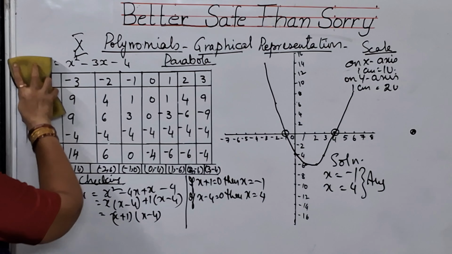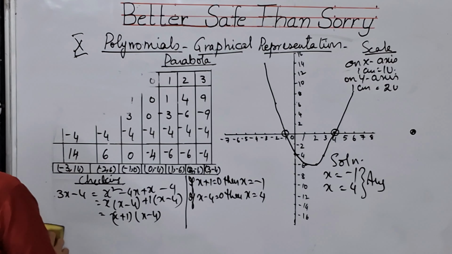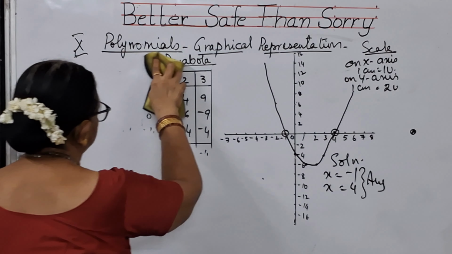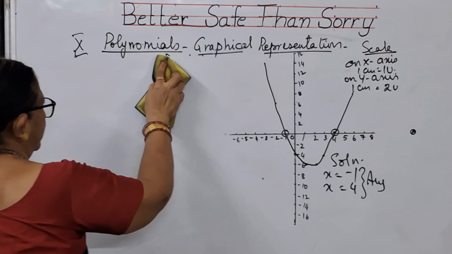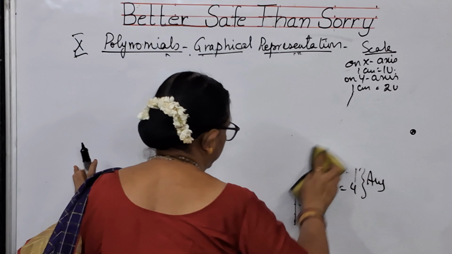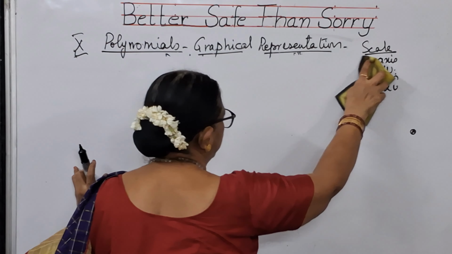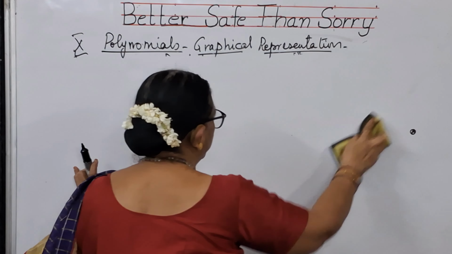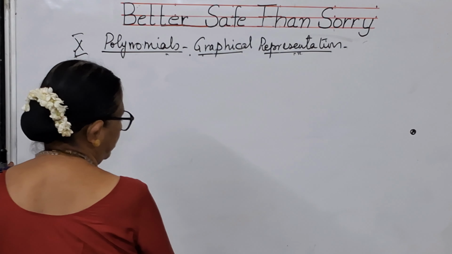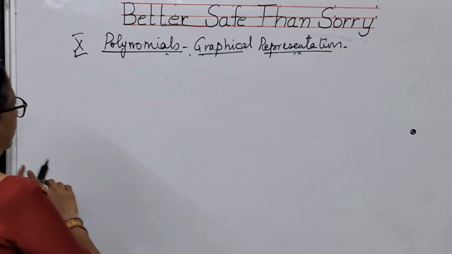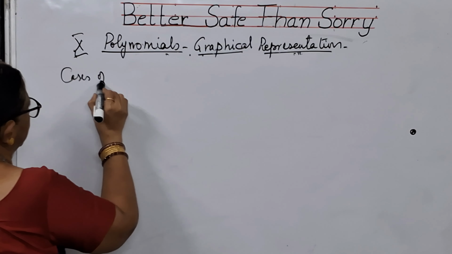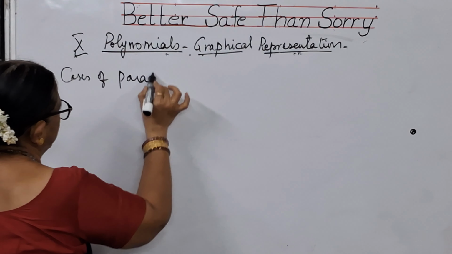Now, let me have a small discussion about parabola. This U-shaped curve which you are getting is called a parabola. What are the different types of parabola you are getting? You see, different cases of parabola.